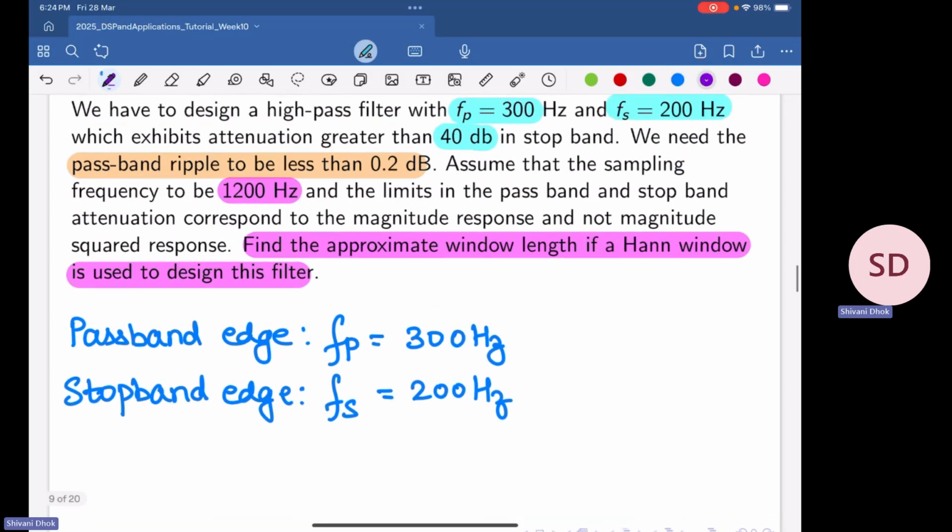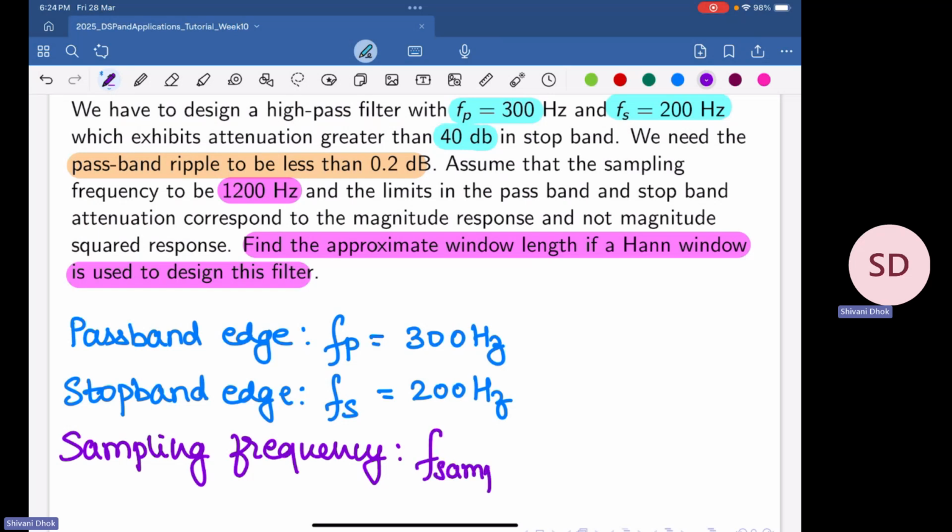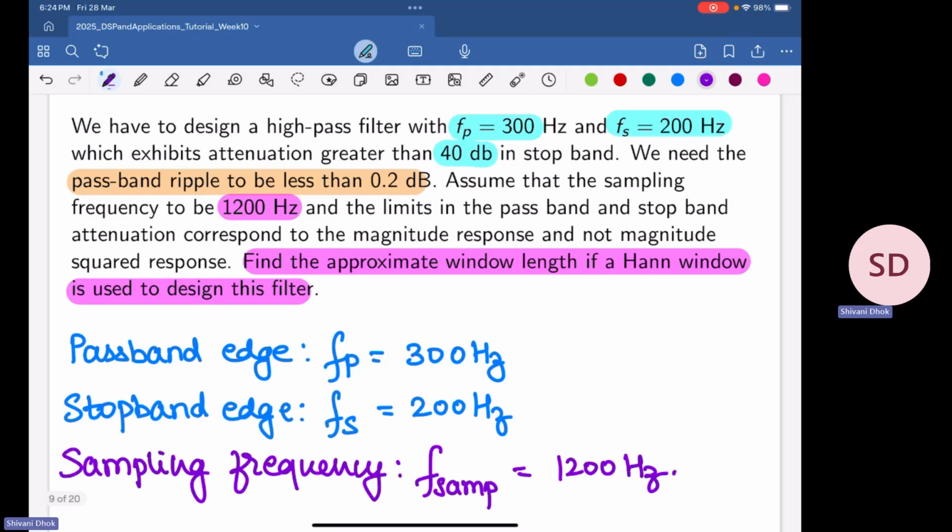Then we are given sampling frequency, let's say F sam, this is equal to 1200 Hz. And there are some pass band and stop band attenuations also given to us. We'll see whether we need them or not. Now what is asked to us is to find the approximate window length if a Hanning window is used to design this filter.